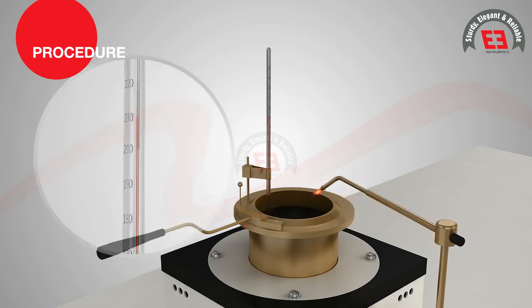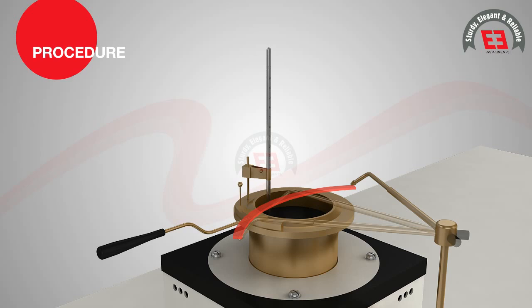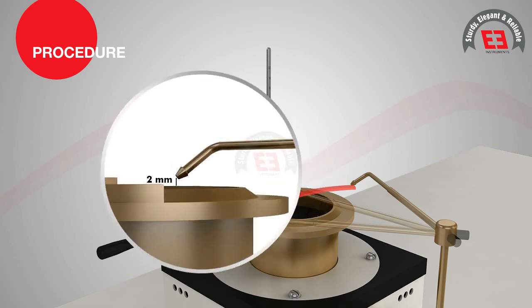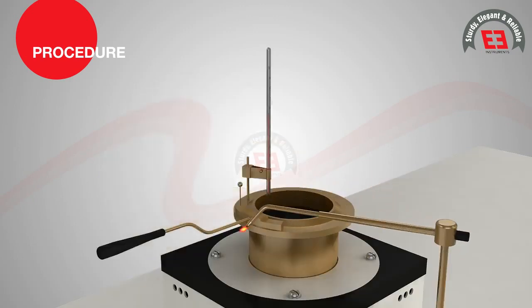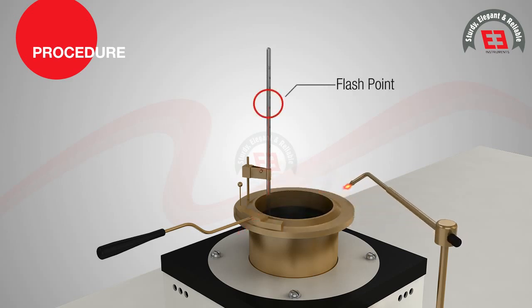The test flame is moved in a horizontal plane having an arc of at least 150 mm and not more than 2 mm above the upper edge of the cup. The flash point is taken as the temperature read on the thermometer when a flash first appears at any point on the surface of the sample.